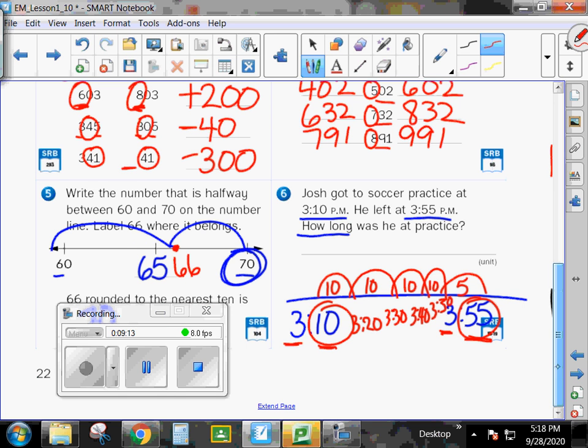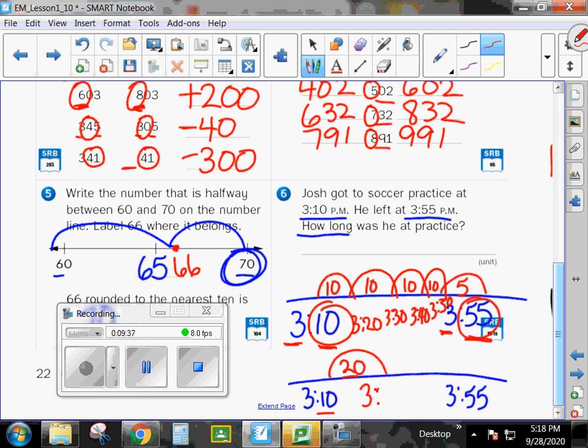Okay, but maybe you jumped differently. Let me put another timeline up here. Let me do 310 and 355 again. And you're jumping from 10 to 55. So some of you might have said, that's a pretty big jump. I'm going to jump 20. Well, if I jump 20 minutes, 10 plus 20 is 30, right?